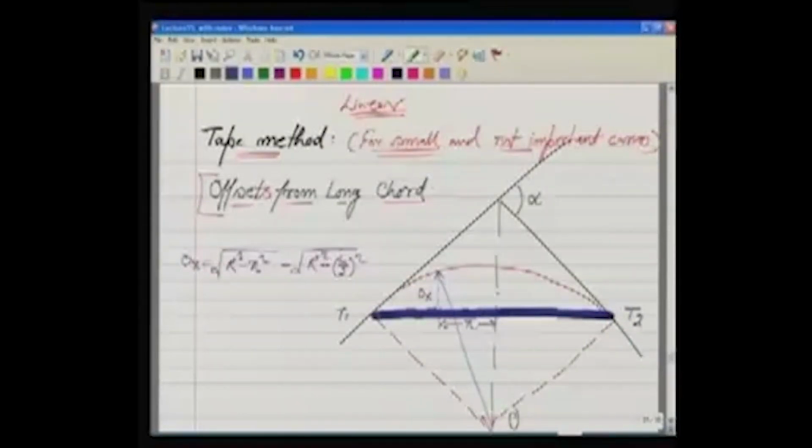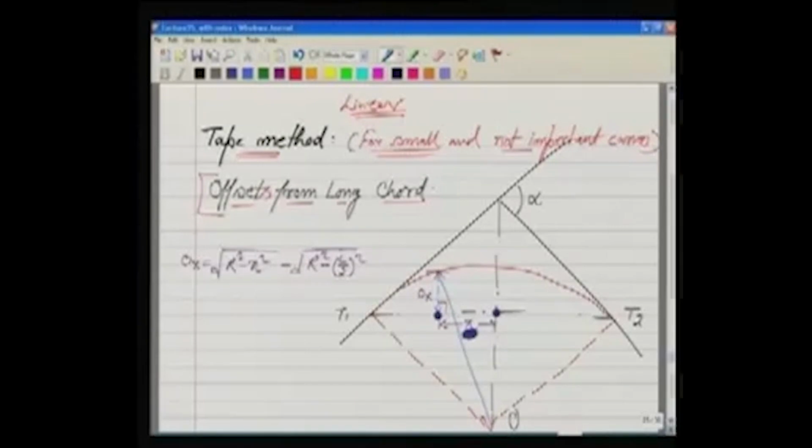Now in this long chord, we measure some distance, as I am saying x, from the middle point. So this distance x is measured here from the middle point, and at this point we erect a perpendicular, and along the perpendicular we measure a distance equal to OX, and then this point will be on the curve.